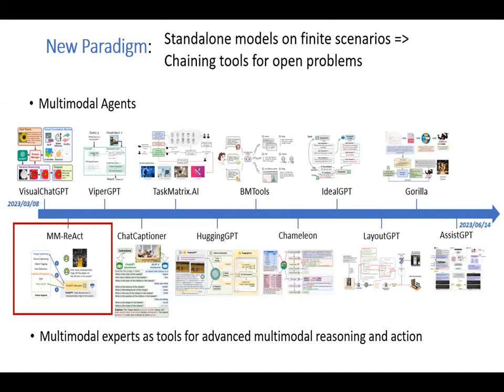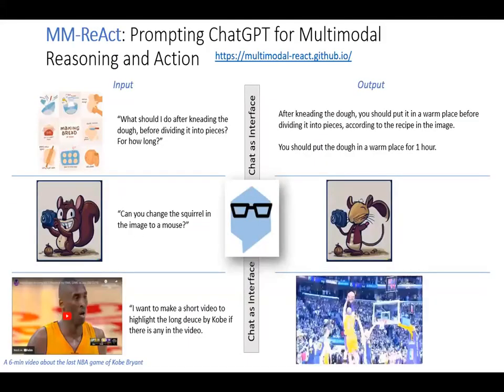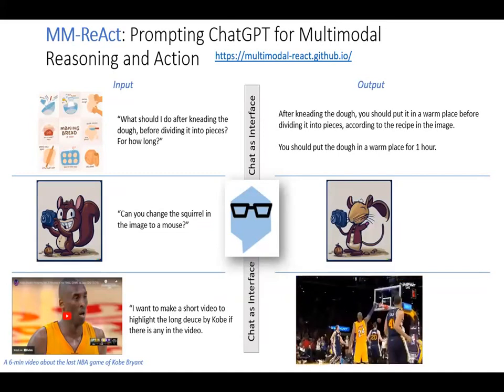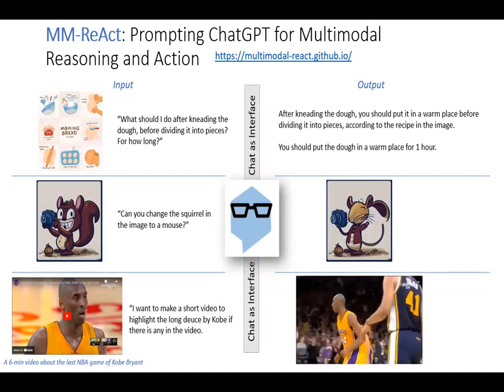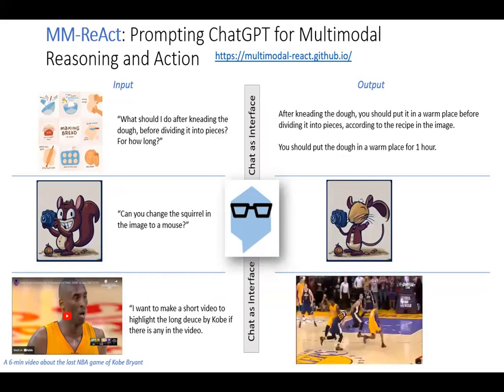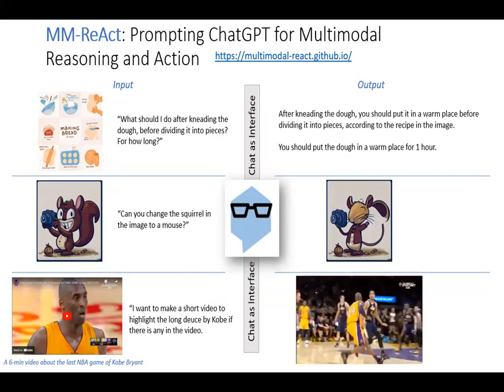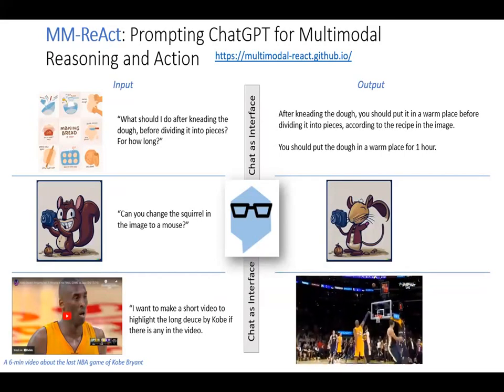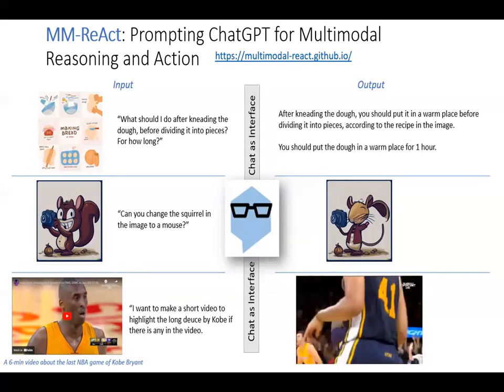And in this talk, we'll use MMReact as an example to show how we can train multimodal experts with large language model for advanced multimodal reasoning and action. MMReact leverages ChatGPT as the large language model, with chat as the user interaction interface, and can support both inputs and outputs in multiple modalities, including text, image, and video.